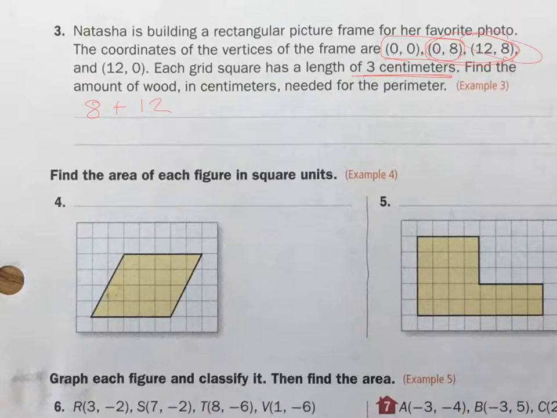Now I'm going to look at this one and this one. The 12s are the same, but the 8 and 0 is different, so plus 8. And then I look at this one and this one. Zeros are the same. The difference between 12 and 0 is 12, plus 12. So 8 plus 12 is 20, plus 8 plus 12 is 20.